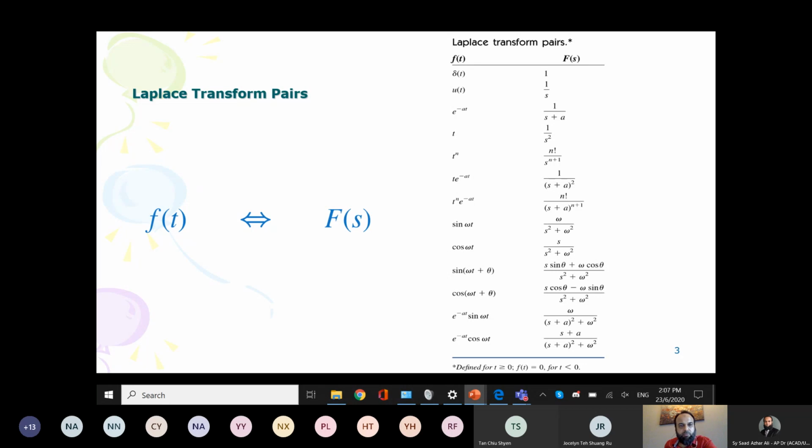Today we'll do some examples on Laplace transforms, and before we go into the examples, we need to make sure that we understand this table.